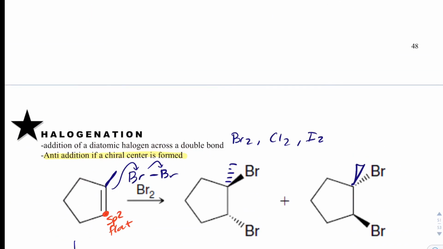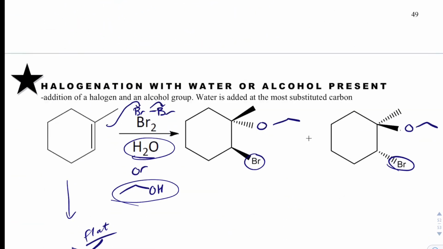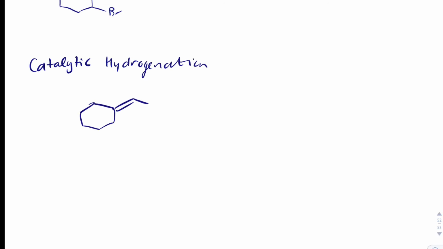Okay, one other one that I wanted to put, which I guess I didn't put in here, but I'm going to put in the notes because it's one that we talked about, and it's catalytic hydrogenation. And this is, let's just say we have a double bond like this.